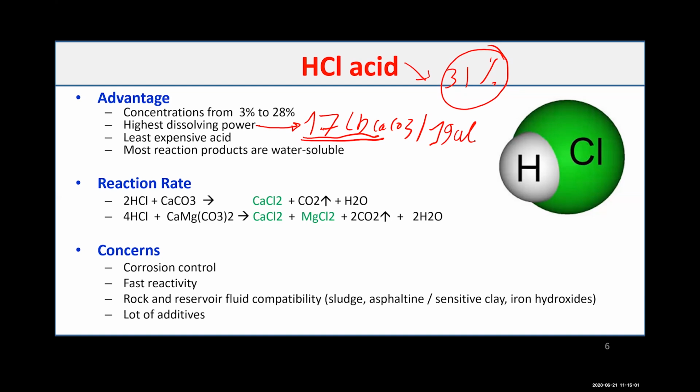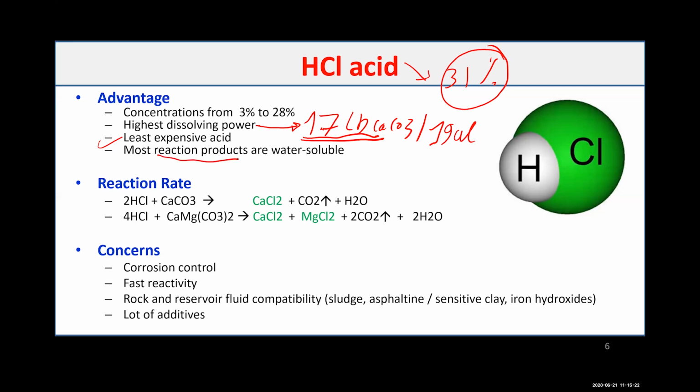And we like it too much because of the cost. We're talking about a really cheap acid, almost $0.7 a gallon for 15% HCl. So it's pretty cheap. And from a cost point of view, it does not cost a lot to consider this treatment. And one of the things that is also very good is the reaction product.